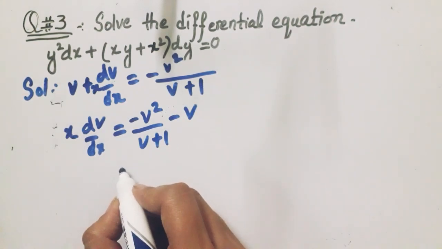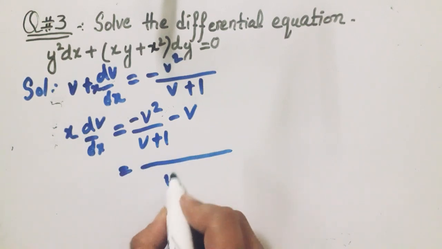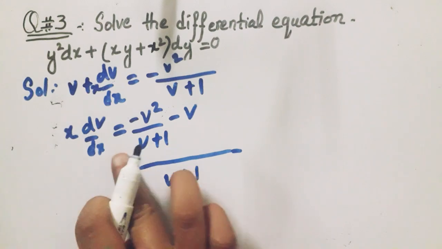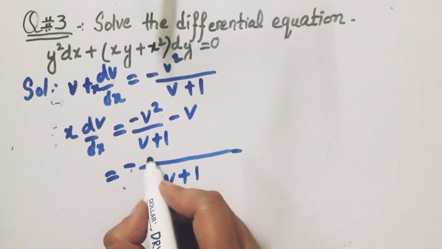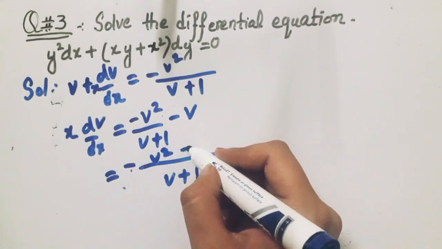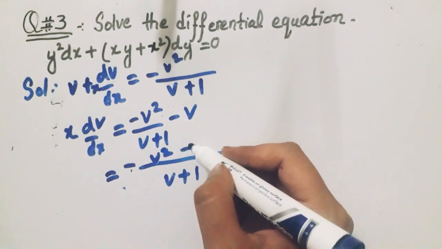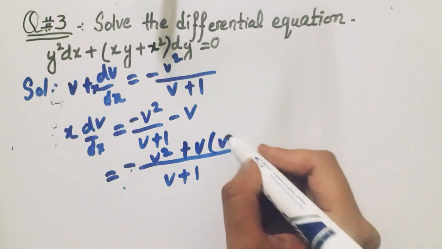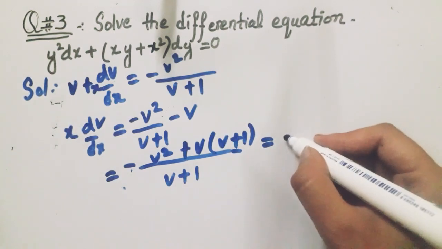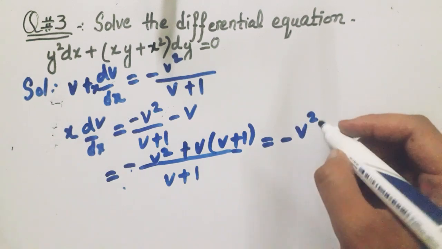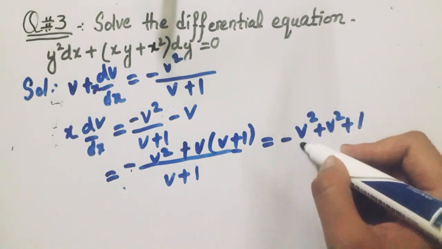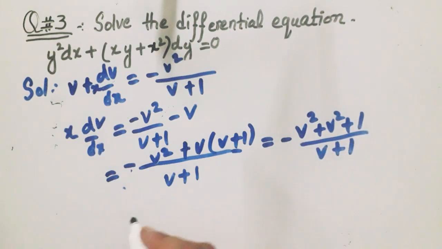Now taking the LCM, we will get v plus 1, and minus v squared, and then plus v into v plus 1. So this will be equal to minus v squared plus v squared plus v, divided by v plus 1.